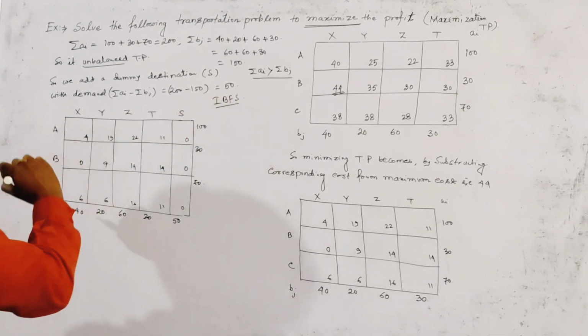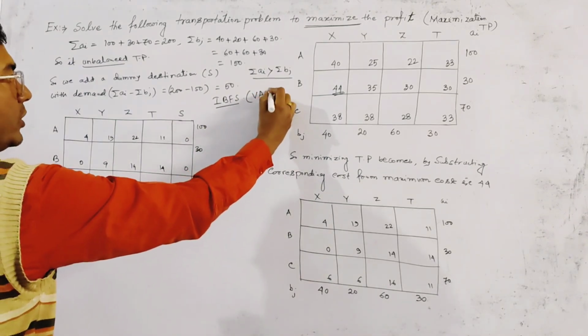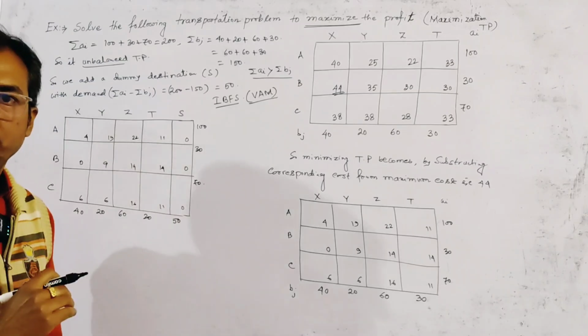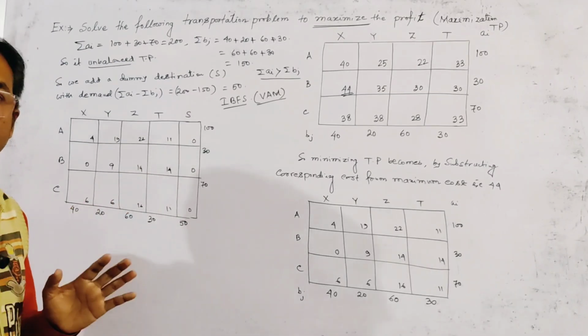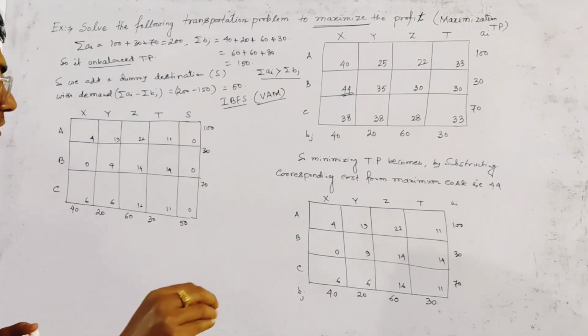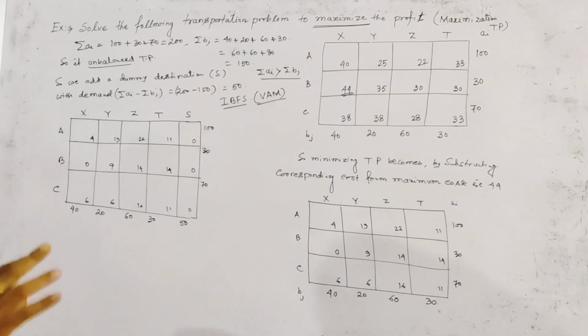Now we find the initial basic feasible solution of this problem. We use the VAM method, that is, the Vogel approximation method. To use the Vogel approximation method, we first have to find each row's and each column's penalty. How to find the penalties?